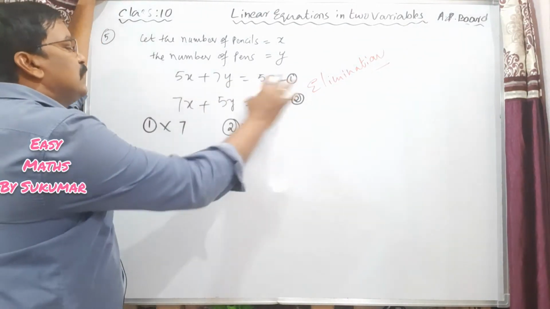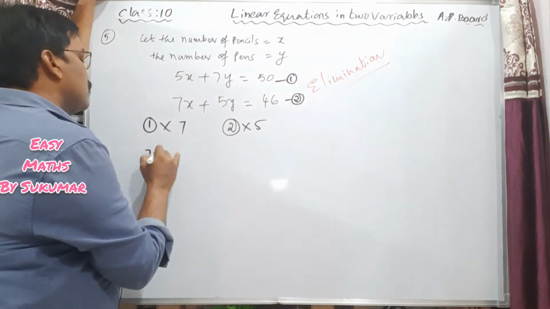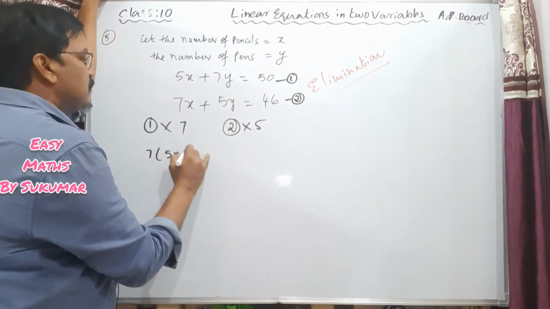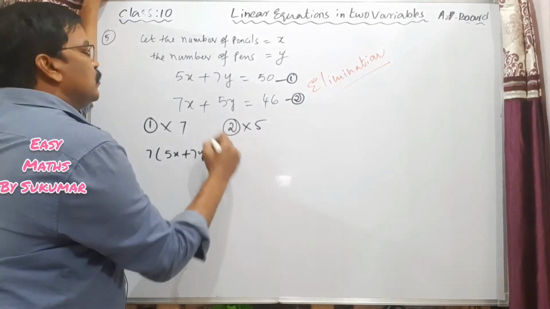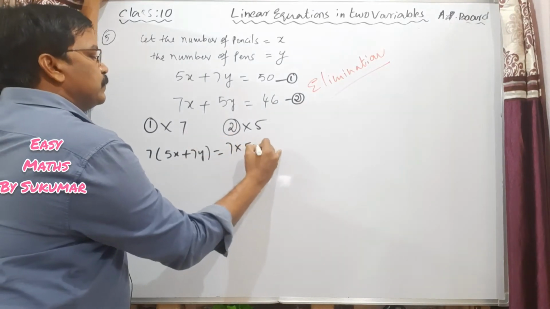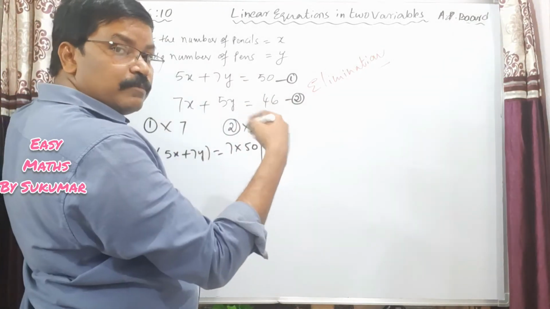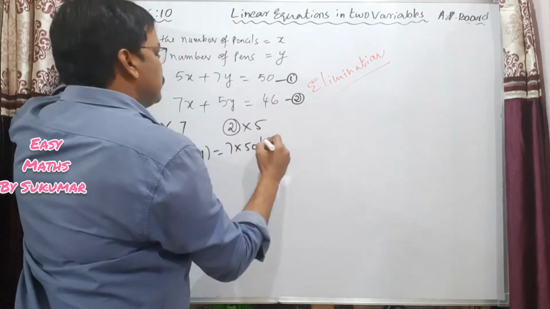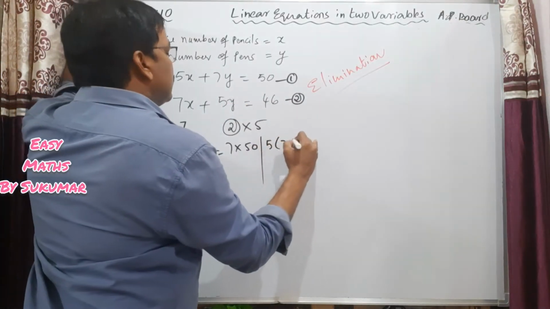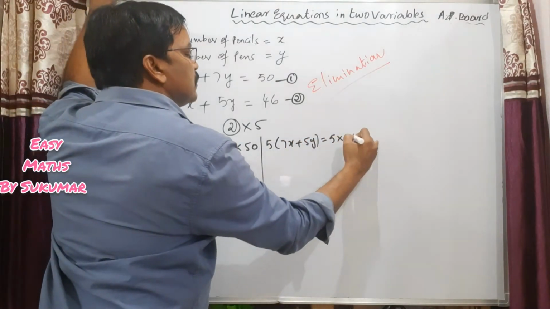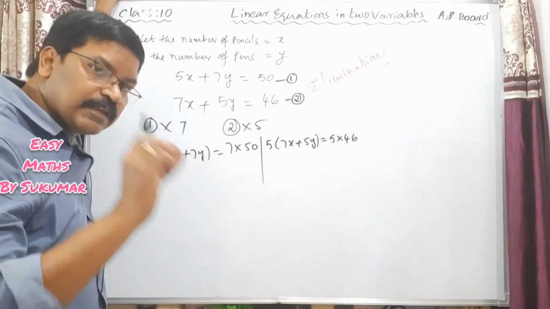Let us multiply with 7. That means 7 of 5x plus 7y is equal to 7 into 50. Similarly, the second equation we multiply with 5. That means 5 of 7x plus 5y is equal to 5 into 46. Understood, students? Again I am repeating.